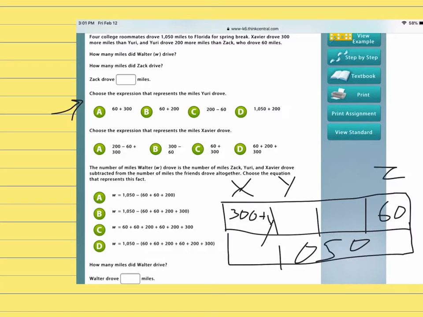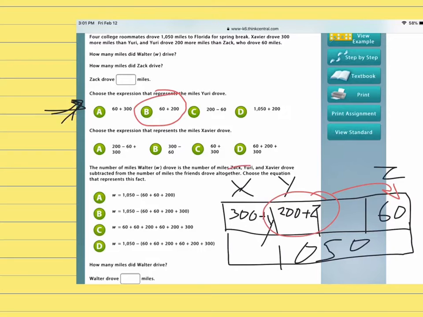Yuri drove 200 more than Zach, so 200 plus Z would be Yuri. We know that Z is 60. So the expression that would express Yuri's driving would be 200 plus 60.